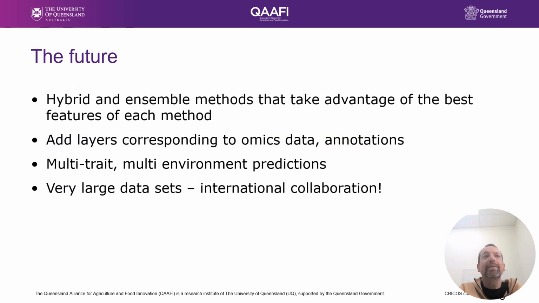So that brings me to the conclusion. Really, to date, just using straight machine learning methods haven't shown a great advantage over our BLUP methods. However, I think in the future, hybrid and ensemble methods that take advantage of the best features of each method have potential.